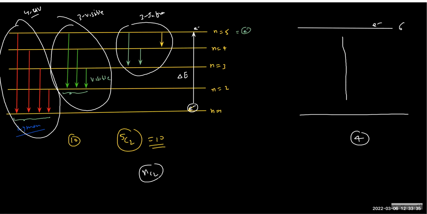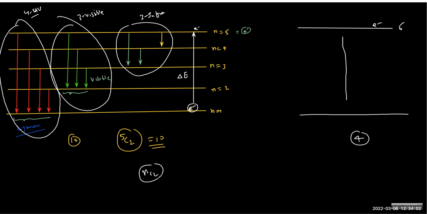So in the process of going down to the ground state to achieve the most stable energy configuration, how many distinct visible lines will be released? Question is clear? Distinct visible lines. So how many will be there?